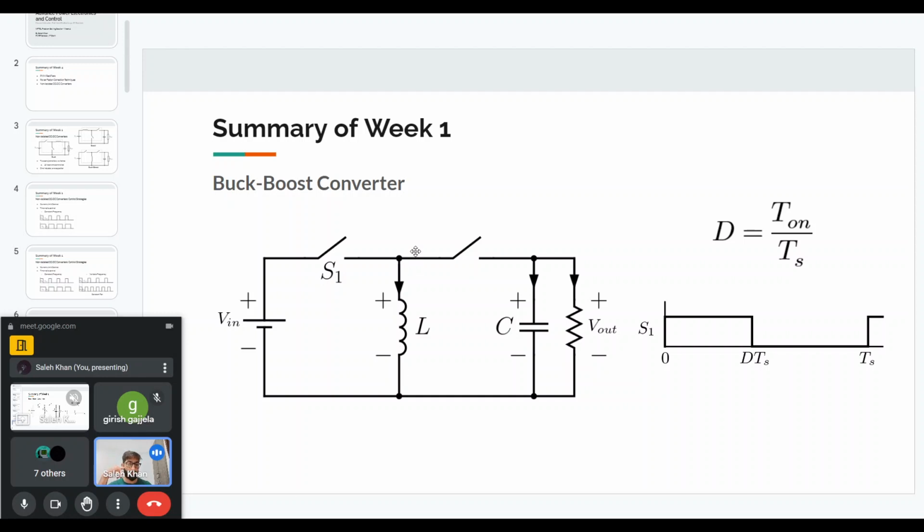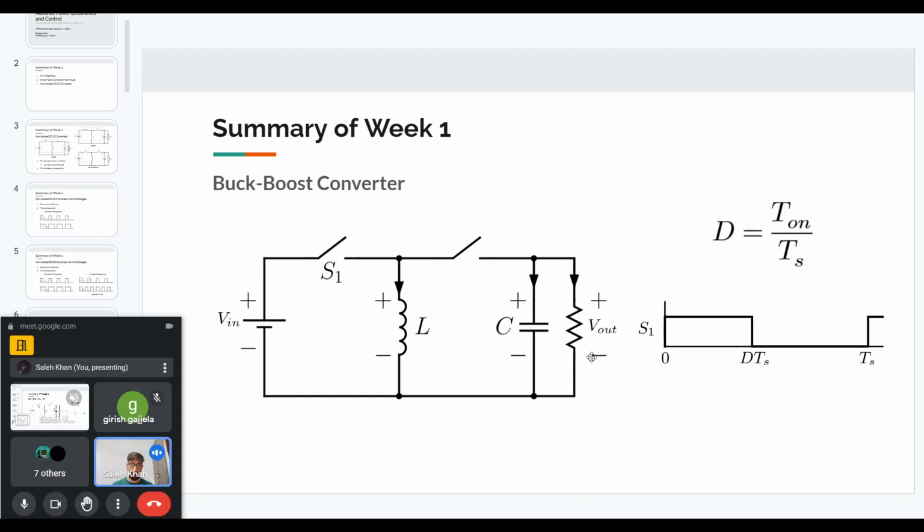If the current is from bottom to top, then I will consider that current as negative. Similarly, for the capacitor and the output voltage, if the current is from top to bottom, I will take those currents as positive, and if the currents are from bottom to top, I will take those currents as negative.